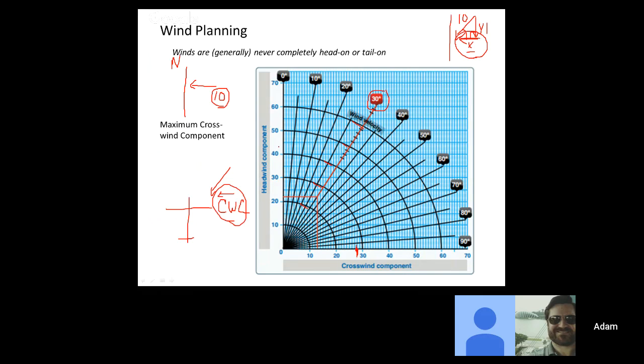And if you really care, you can get your headwind component. Crosswind component, which I circled, and headwind component, which is the down arrow.